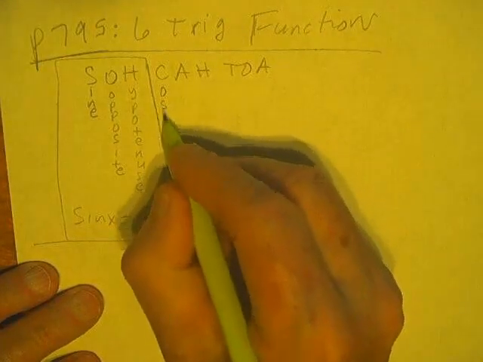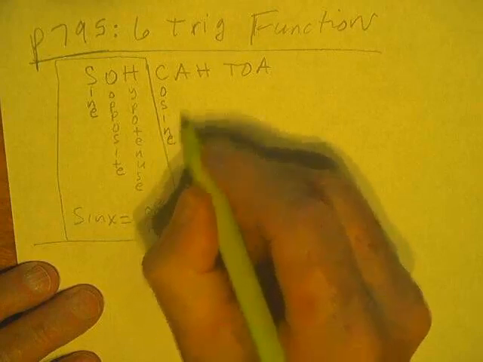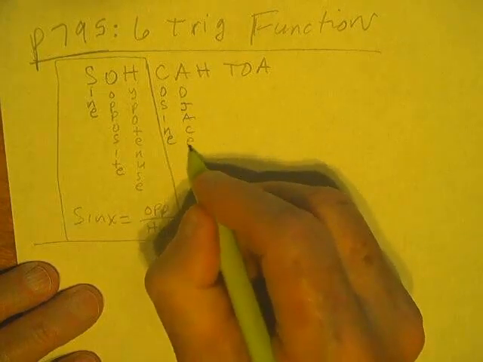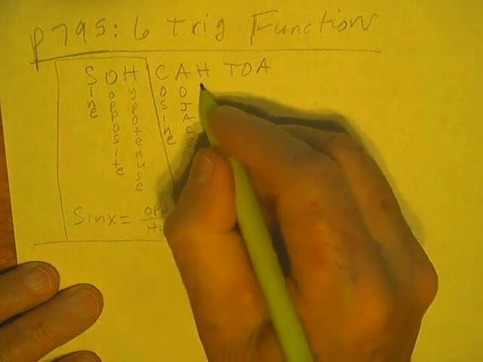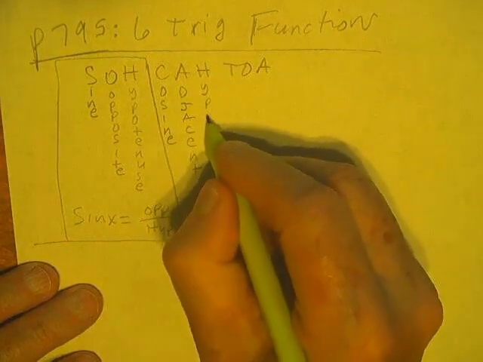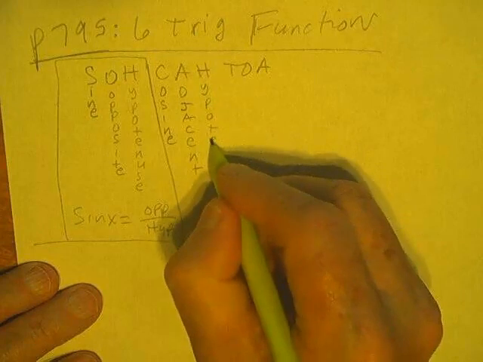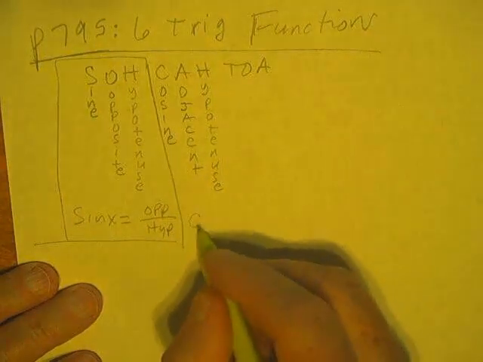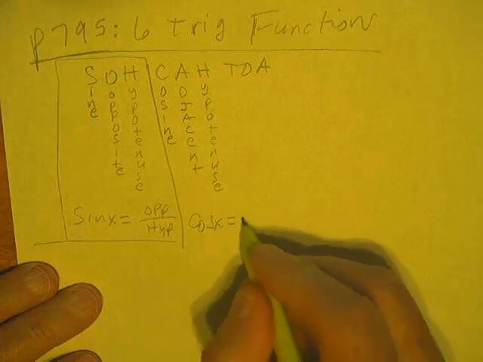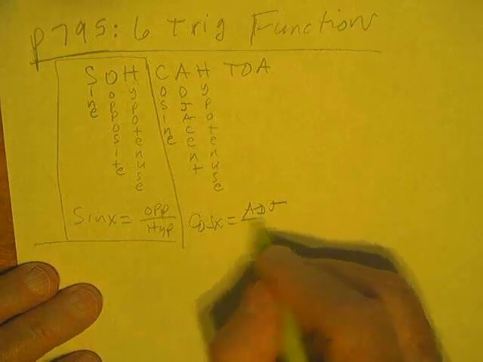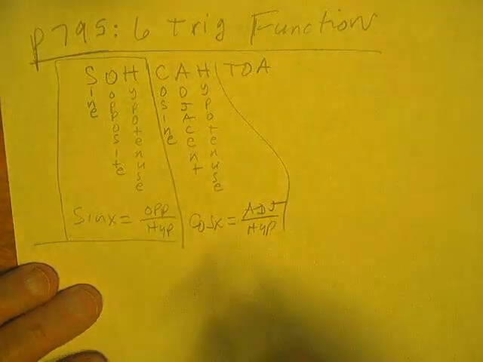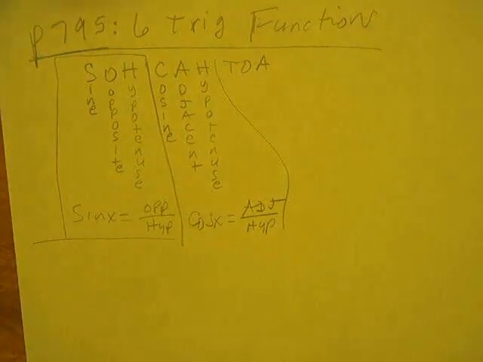This is for cosine. It's adjacent over hypotenuse. And so this one would be the cosine of an angle is adjacent over the hypotenuse. Well, these angles are all acute angles in right triangles is what they are.